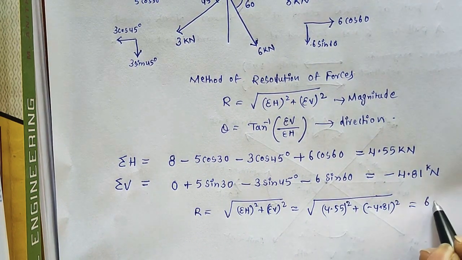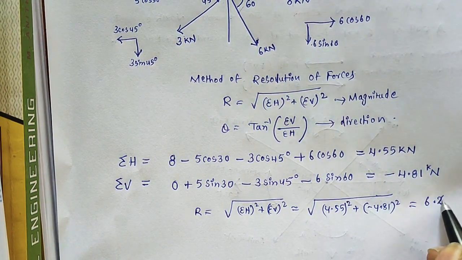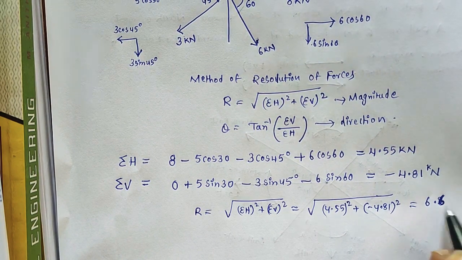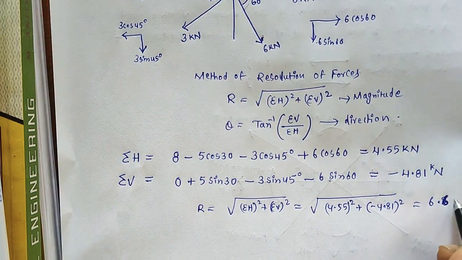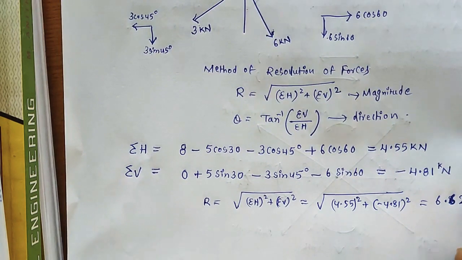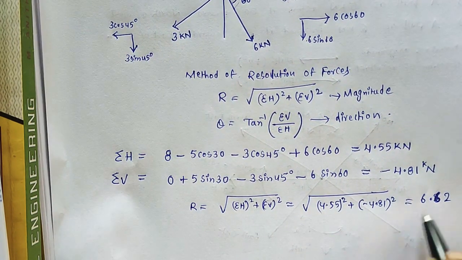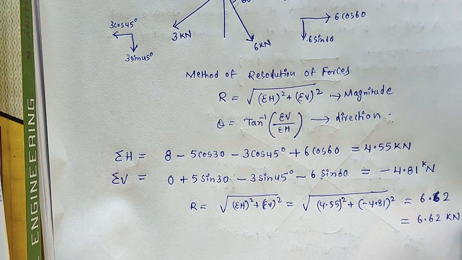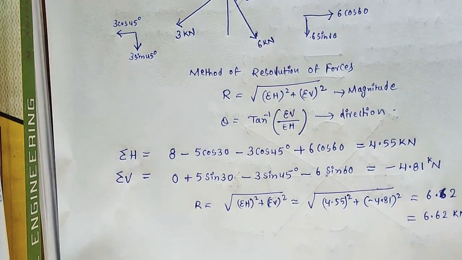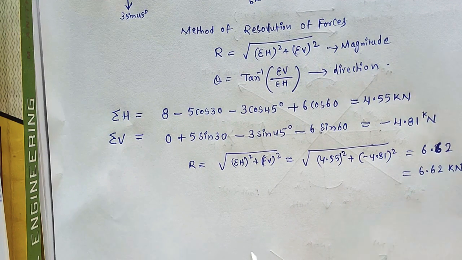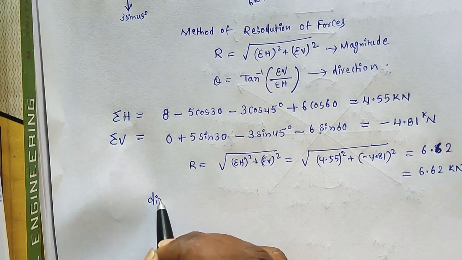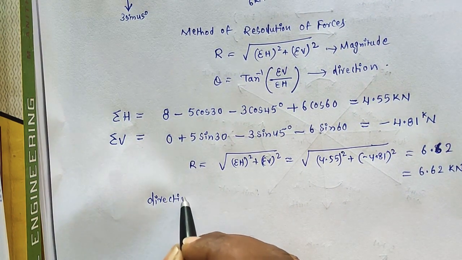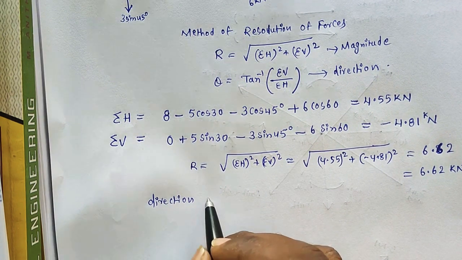Then you will get about 6.62 kilonewton. So this is the magnitude, and now the direction of the resultant.